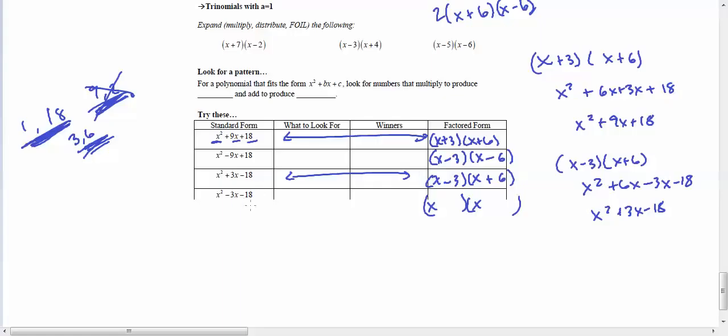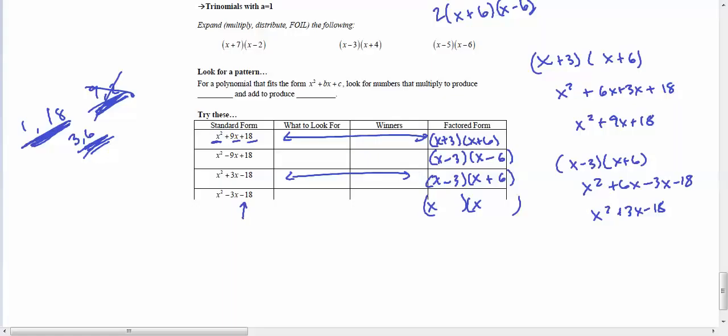We know one's going to be positive and one's going to be negative, actually. How do I know one is going to be positive and one is going to be negative? Well, because of this negative 18. So, we're close. 3, 6, right?